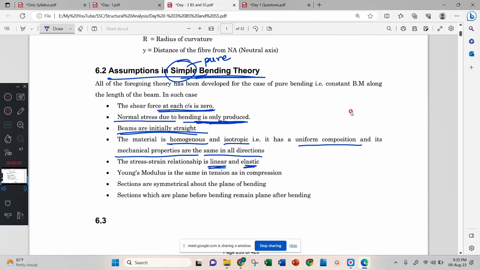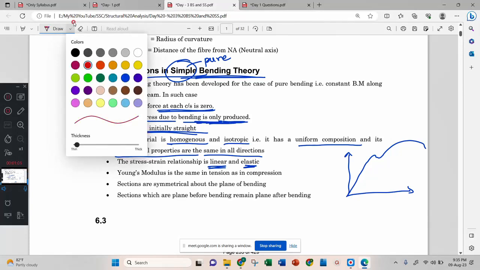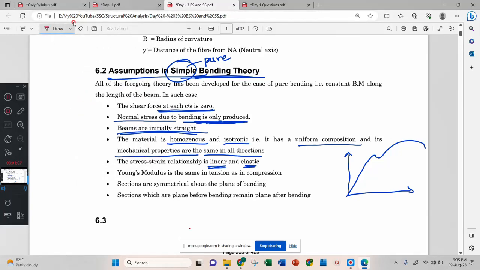What is the meaning of linear and elastic? Stress strain relation means we already studied the Young's stress strain curve. This bending stress chapter is valid from here to here. Why?